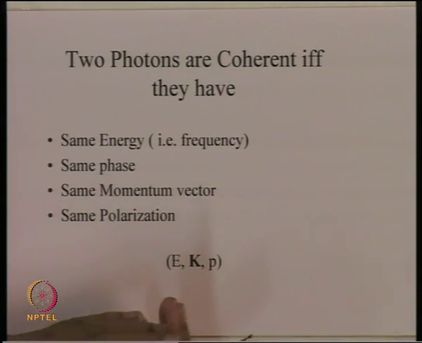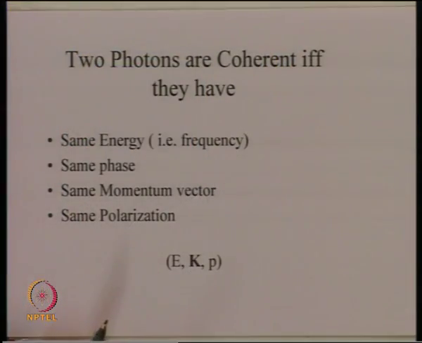But now, if you look at the photon as an electromagnetic wave, then you have the vector nature of light. That means, the electromagnetic wave has electric and magnetic fields, and then electric field has different behavior as a function of time, which is characterized by this parameter what is called the polarization. So, it is possible that the two photons are moving in the same direction.